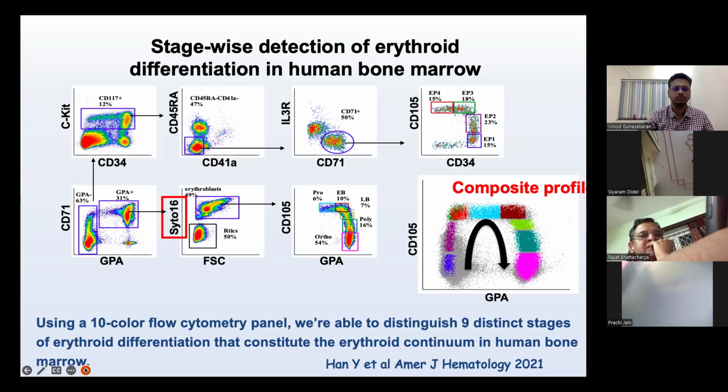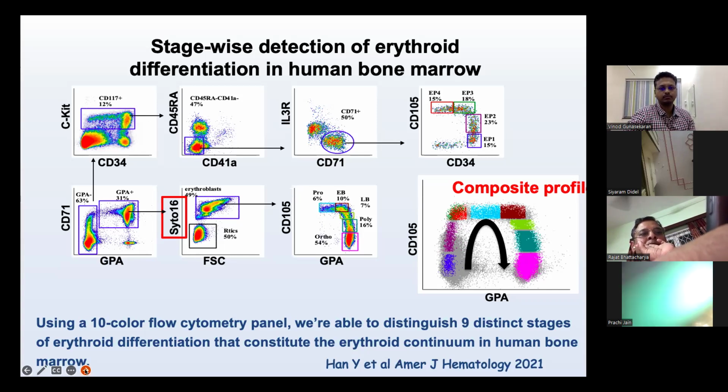So if the facilities are available, we can in fact define stage-specific abnormalities in different causes of ineffective erythropoiesis in different red cell disorders. Next slide.